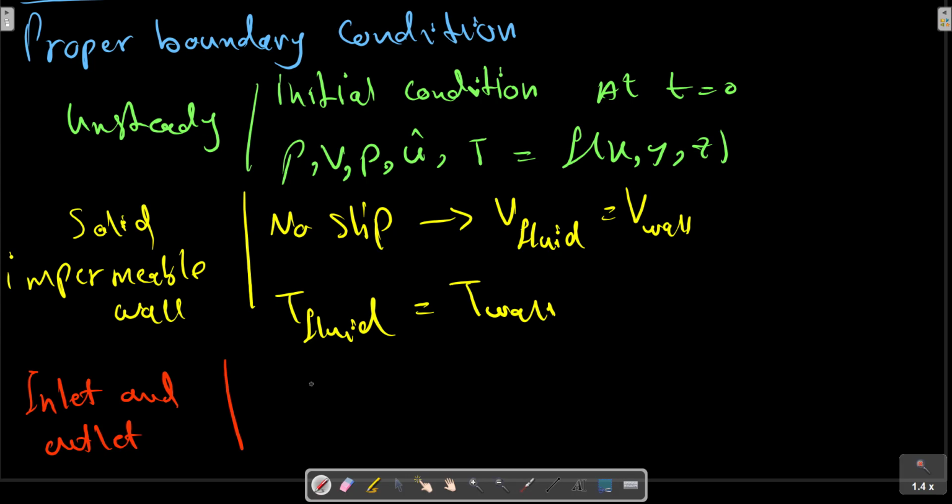So we have V, P, and T as initial values for inlet and outlet flow. These inlet and outlet sections can be, and often are, at infinity, simulating a body immersed in an infinite expanse of fluid. Finally, the most complex condition occurs at a liquid-gas interface.